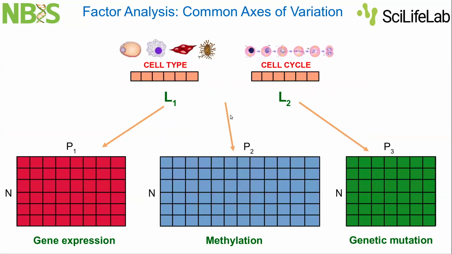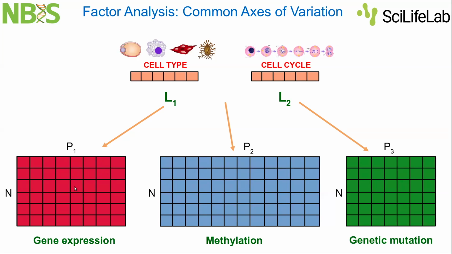So I said that MOFA and factor analysis have something to do with generative AI. And the idea is very simple here. You have observed data on the bottom, and you are trying to reconstruct some hidden factors that generate this observed data.